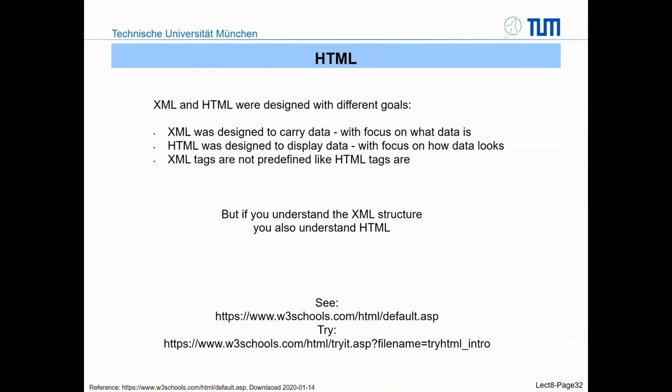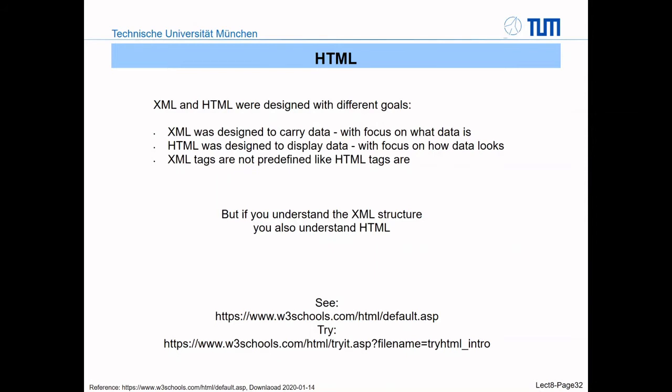So the focus is how data looks. And XML tags are completely free, and HTML tags are predefined, so you have reserved words. So if you want to learn HTML, you really have to learn that, for example, a P starts a new block, or that B means bold style or whatever.